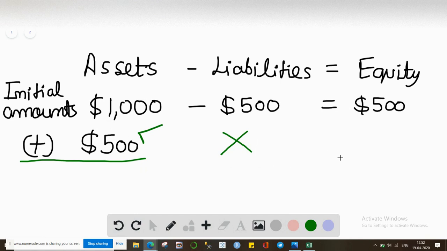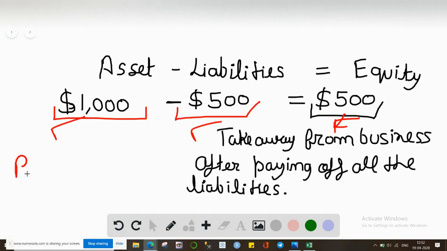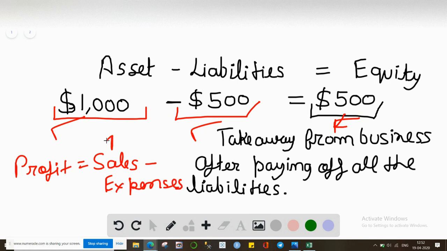Now on the opposite side of the equation, what will happen? The motive of the business is to earn profit. And what is profit? It is simple, everyone knows this: sales minus expenses. If we increase our sales, there will be an increase in profits. If we increase our expenses, there will be a decrease in profits.